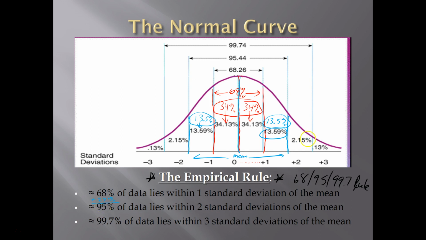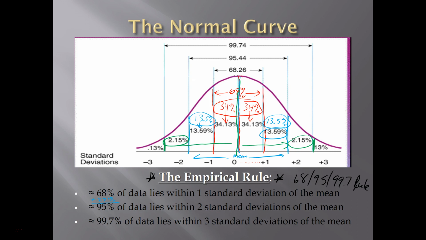But here, if I go from the mean, right there in the middle, out to 3 standard deviations, now I'm adding another roughly 2 and some change percent on that side. If I go from the mean out this way to a 3rd standard deviation, I get another little bit over 2%.